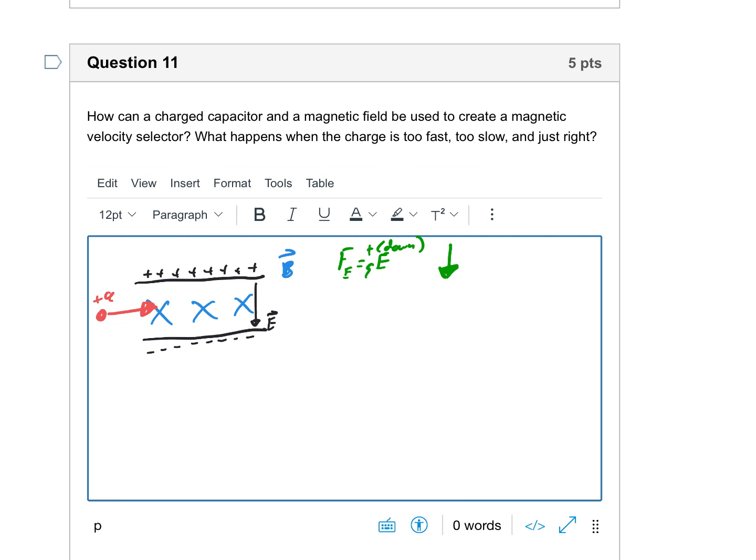Then there's the magnetic force using the right-hand rule. Velocity to the right, fingers to the right. Magnetic field is into the page, palm is into the page. And that leaves me with my thumb pointing up the page. That's the direction of the magnetic force, which is equal to QvB.